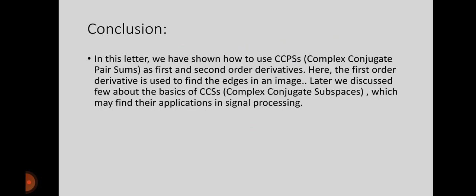So from this we conclude that we have shown how to use the complex conjugate pair sum as first and second derivatives. Here the first order derivative is used to find the edges of an image, shown in different image processing by changing q and k values, and later we discussed a few objects of complex conjugate subspaces which may find their applications in signal processing. Thank you.